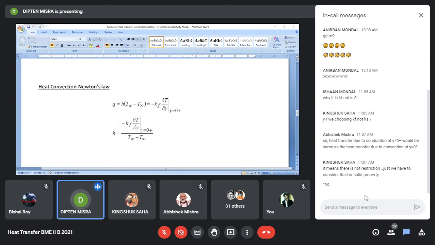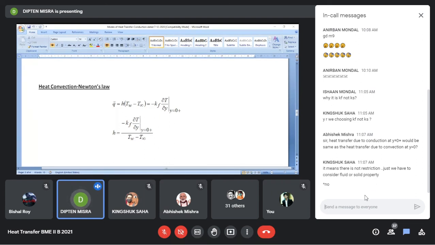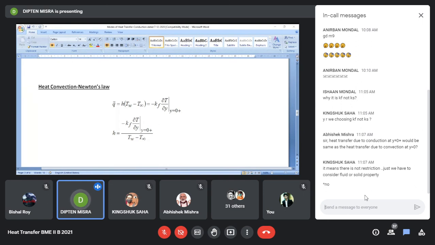Sometimes we may not be able to find out the gradient in the solid domain. Only way we can find out is the gradient in the fluid domain, then we'll be using that. If we can find out the gradient in the solid domain, then we can multiply. It depends where we have enough information to find out the requisite things.